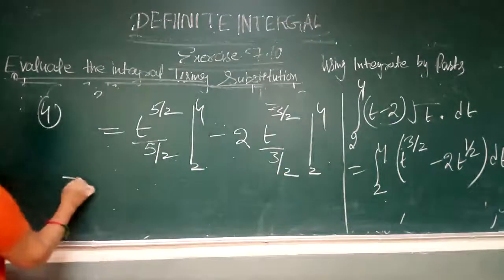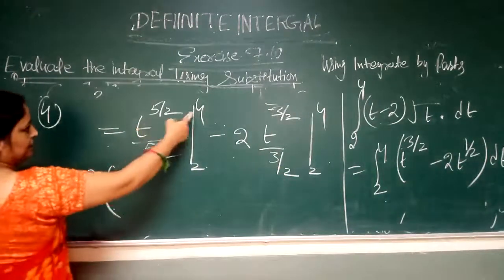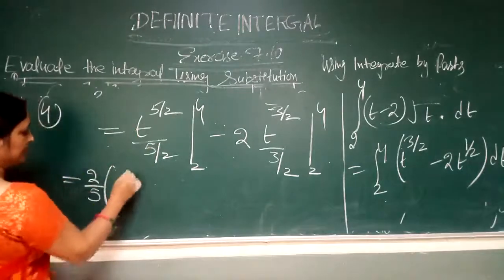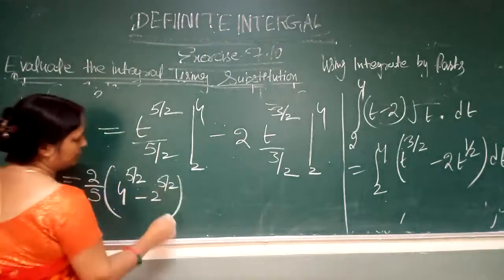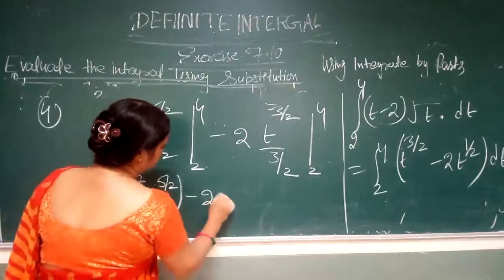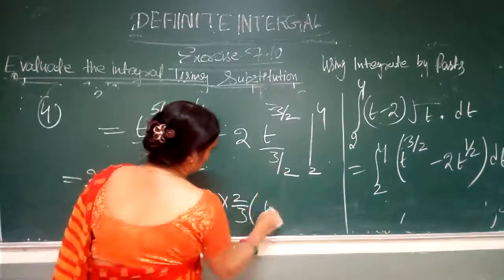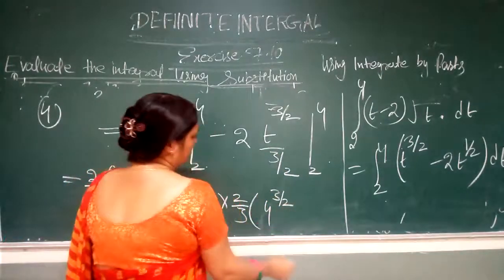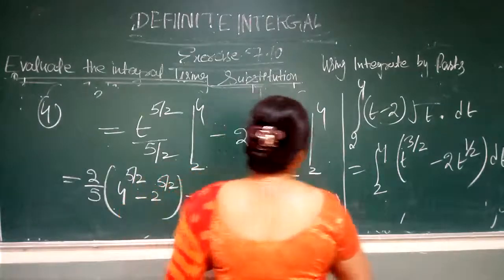After that it will come 2 by 5, and in the place of t we will put here 4 raised to power 5 by 2 minus 2 raised to power 5 by 2, minus 2 into 2 by 3, here 4 raised to power 3 by 2 minus 2 raised to power 3 by 2.